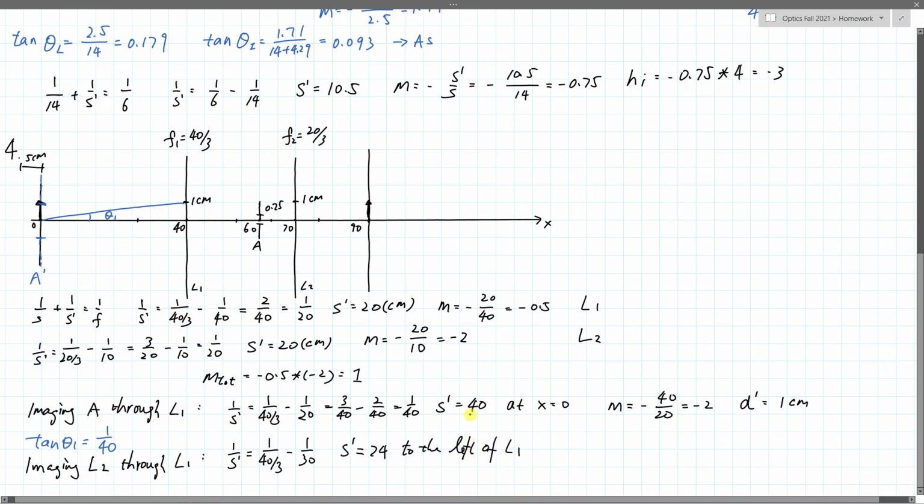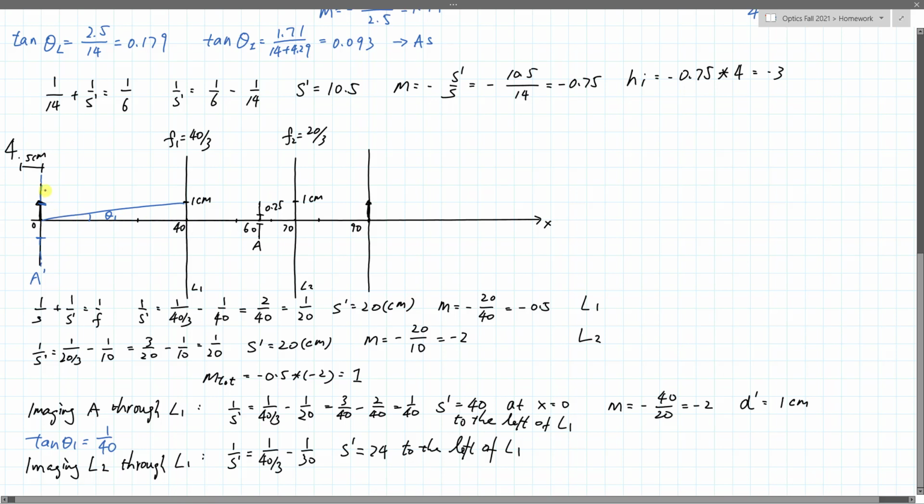Okay, this is 40 centimeters to the left of L1 as well. So 24 centimeters. From here, 24, I'll have 16 left.